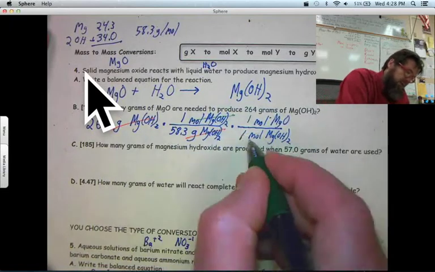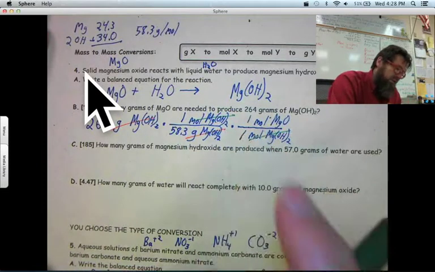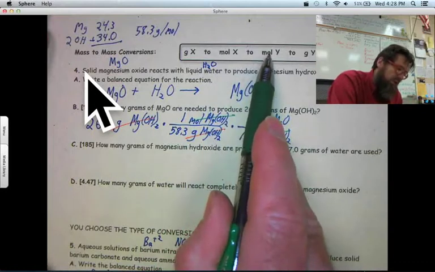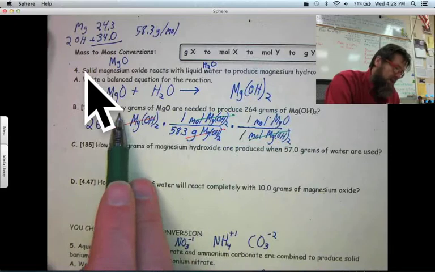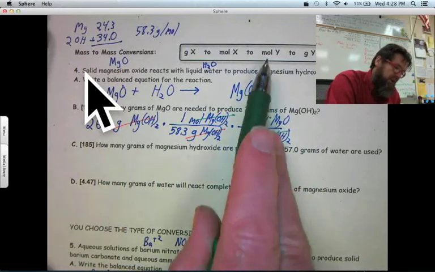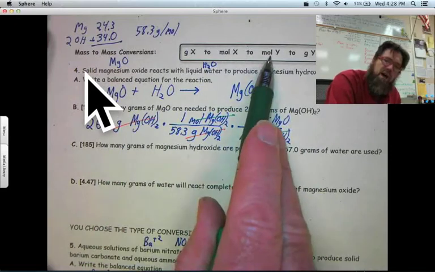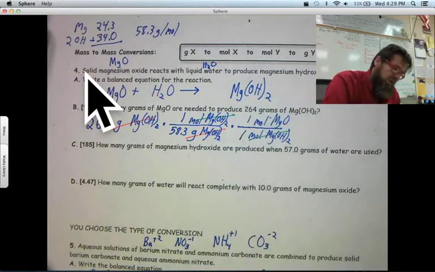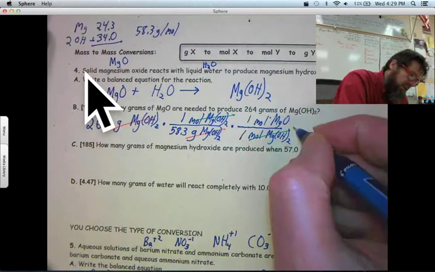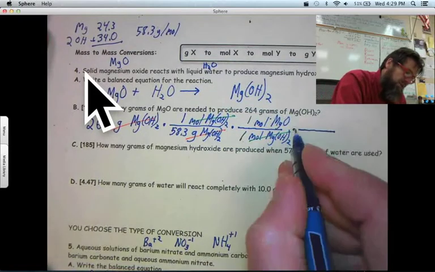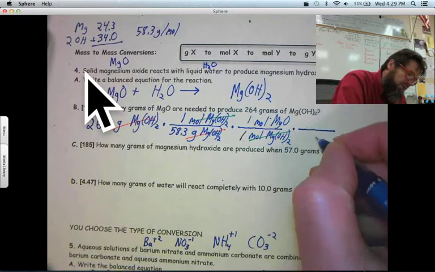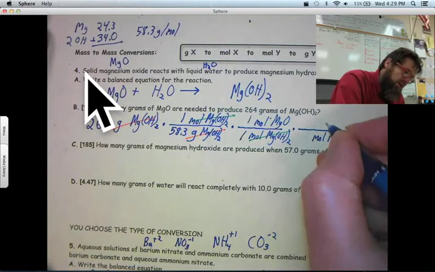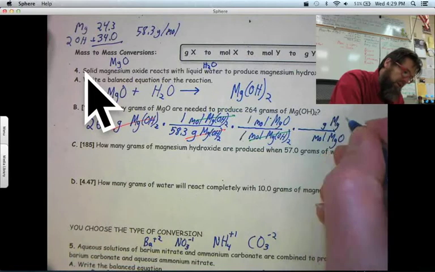Let's cancel our units. So now we've got a number of moles of MgO. We just did the mole ratio, moles of X to moles of Y, but now the question asks how many grams of MgO, not how many moles. So we have one last conversion, out of moles of MgO to grams of MgO. On the bottom, we have moles of MgO, and on the top grams of MgO.